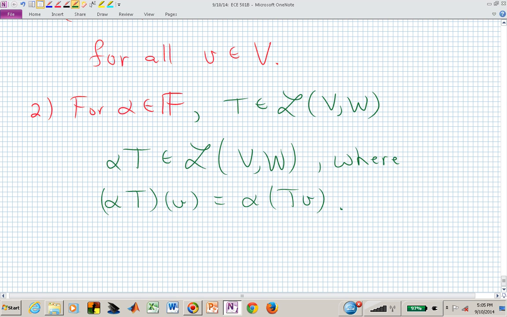But we could define a vector space to consist of elements or vectors being linear maps. That could create a vector space. So that satisfies all the properties of a vector space.